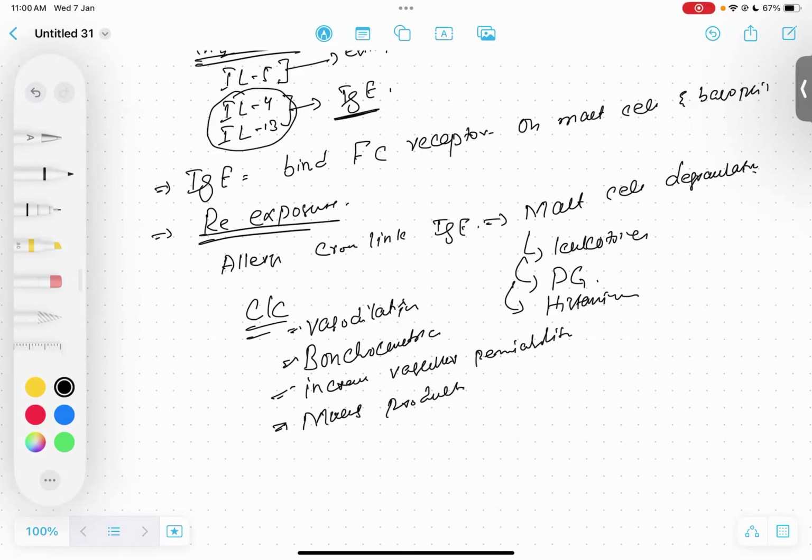These are the clinical symptoms that are usually present in type 1 hypersensitivity reactions.